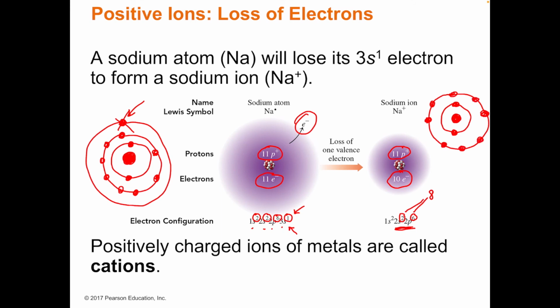So when sodium loses that 1 valence electron, that 3s electron, it has 8 electrons in its outermost energy level because it's lost that entire third energy level. Okay, so this is how making that cation gives sodium an octet. So now just remember, positively charged ions of metals are called cations because cats have paws.